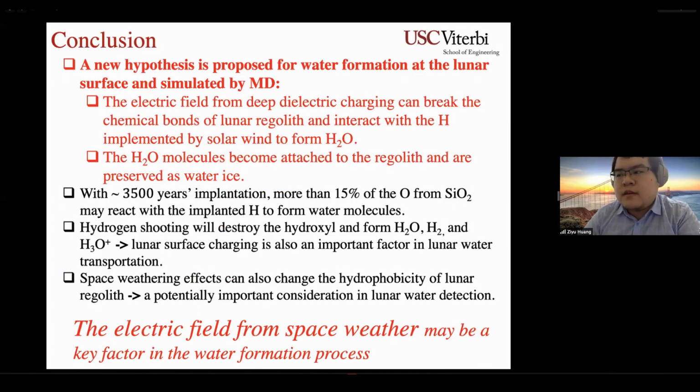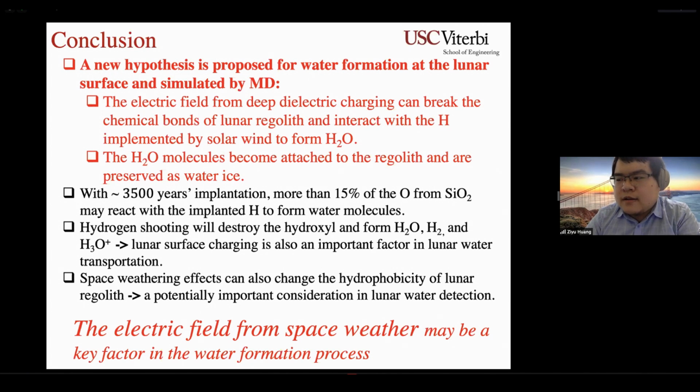To conclude the work, a new hypothesis is proposed for water formation at the lunar surface, and it was simulated by molecular dynamics. We found that hydrogen from solar wind interacts with regolith to form water, and with an estimation of 3,500 years of implantation, more than 15% of the oxygen from the regolith becomes water.